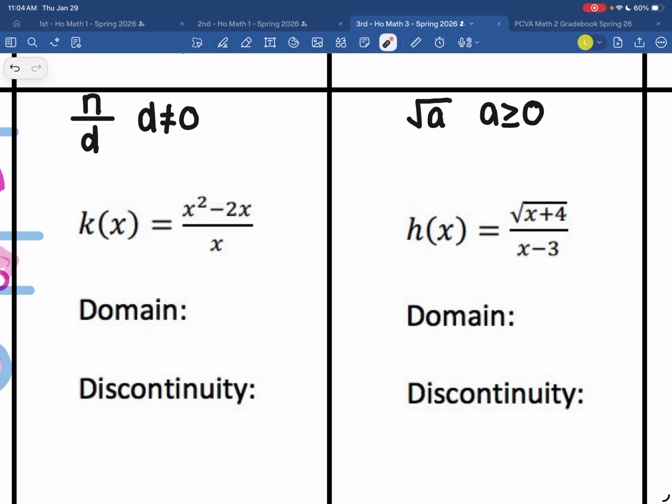Now we're going to look at this, and then we're going to check it graphically. So for this one, I absolutely have a domain value that I need to analyze. So remember, the denominator can never be equal to 0. Well, if I look down here, I have an x in my denominator. So that means that my x value can never be equal to 0.